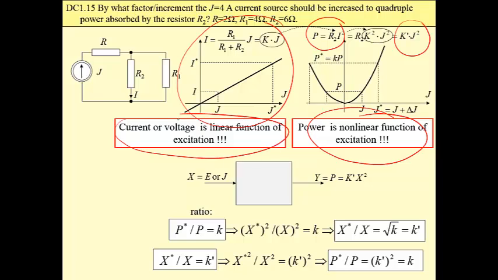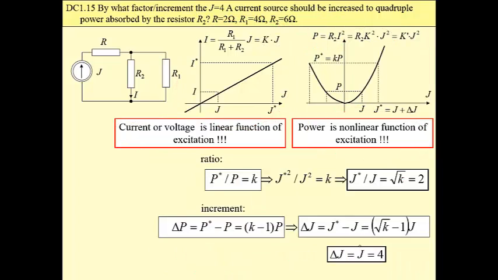Current and voltage are linear functions of excitation. So if the ratio of power is K, then the necessary ratio of input signal is the square root of K. In the opposite direction, if the ratio of input signal is K prime, then the ratio of output signal, which is power, is K prime squared.